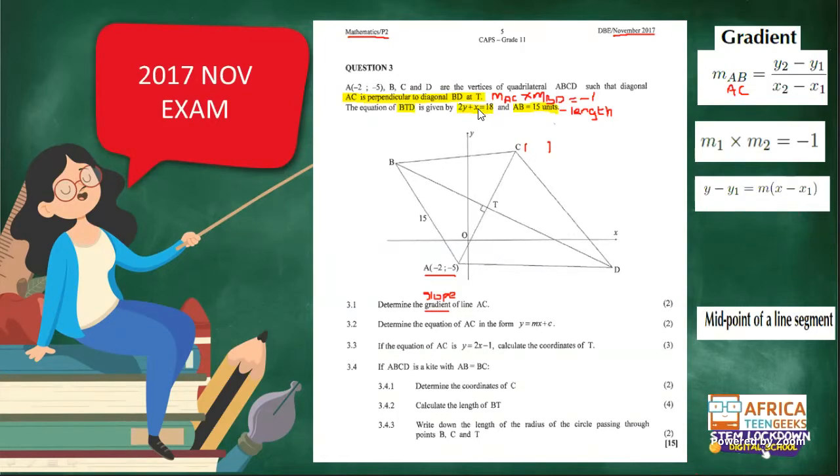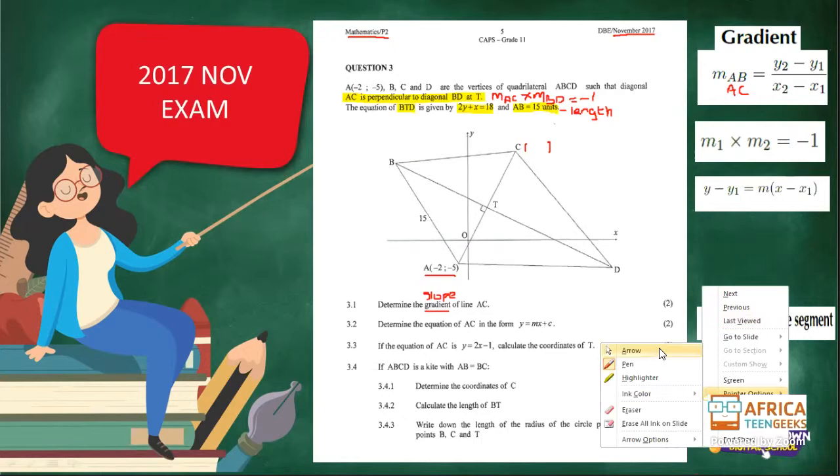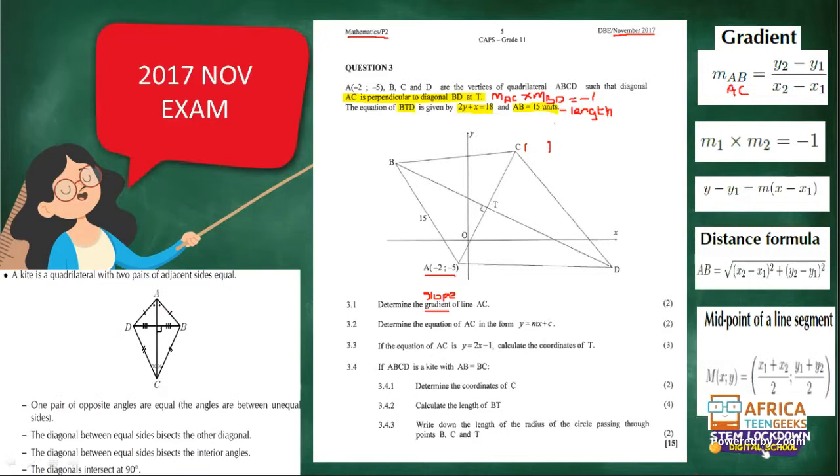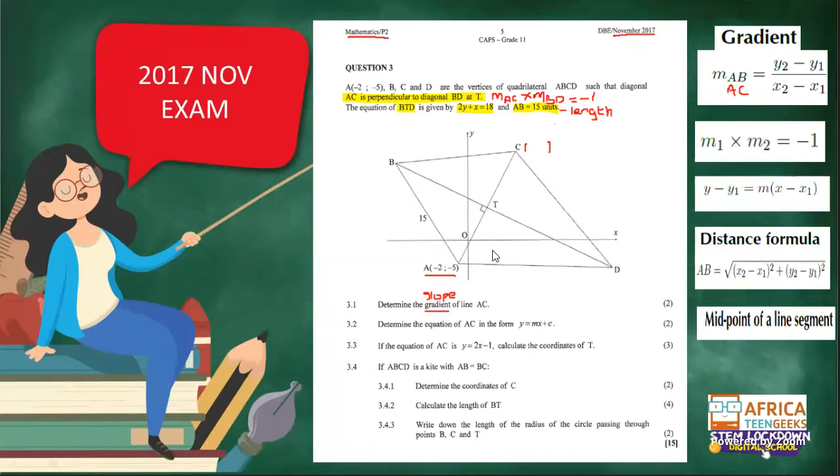We are given an equation, and if we write our equation in the form y equals mx plus c, we can actually find the gradient of BD.